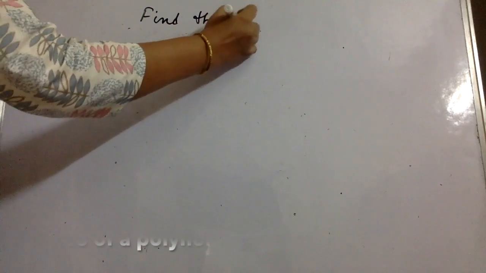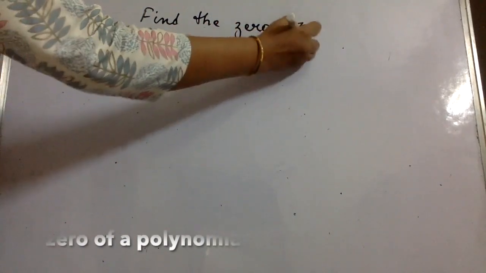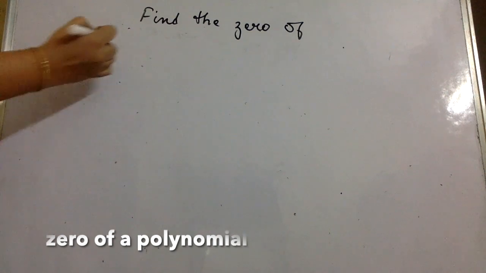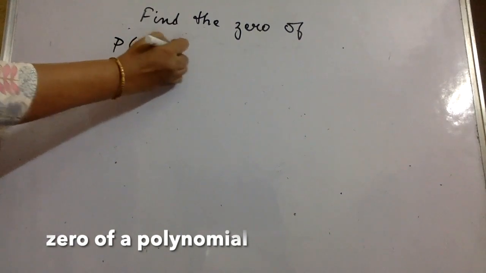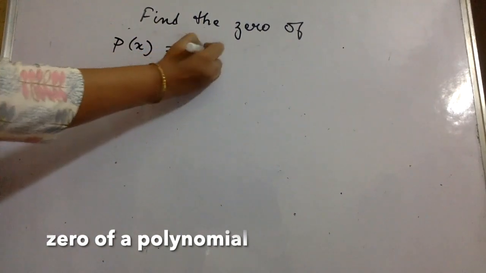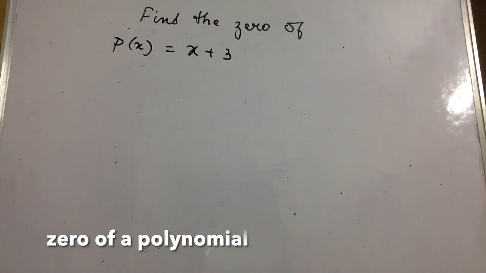Now, let us see what is the 0 of a polynomial. Okay. Now, find the 0 of the polynomial p(x) is equal to x plus 3, something like this. What is the 0? Now, what is the meaning of 0 of a polynomial?